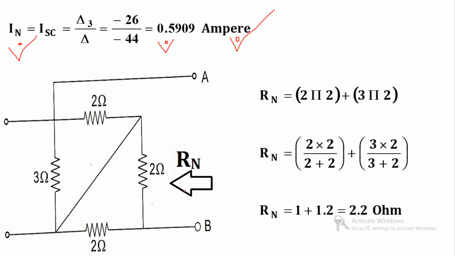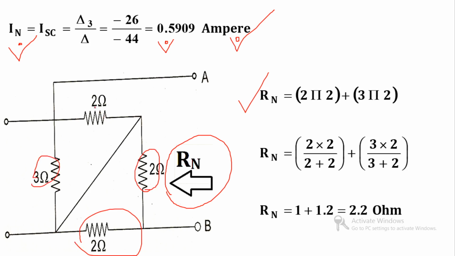So my Norton's resistance is equal to the parallel combination of these resistances. Clear? This 2 ohm and this 2 ohm will be in parallel, and this 3 ohm and this 2 ohm will be in parallel. How?